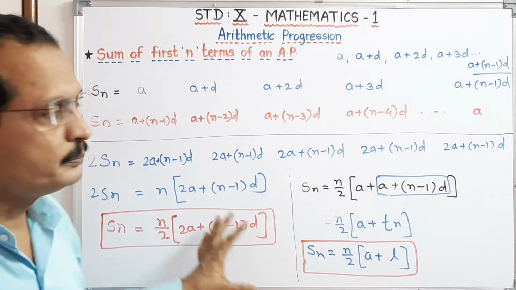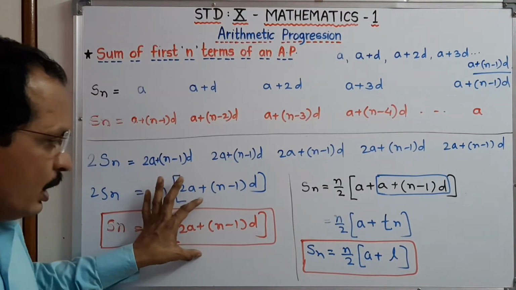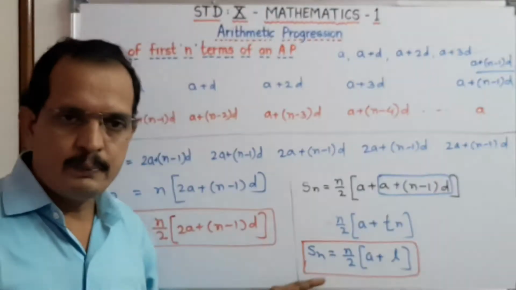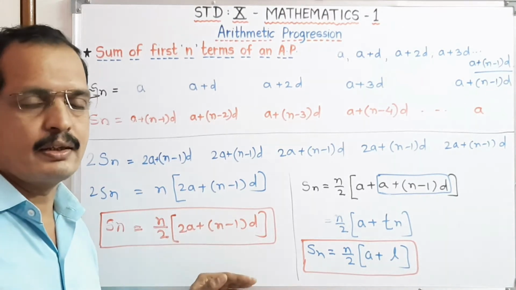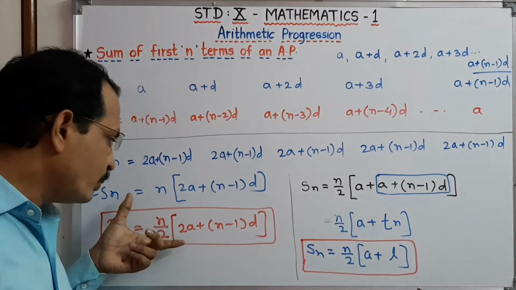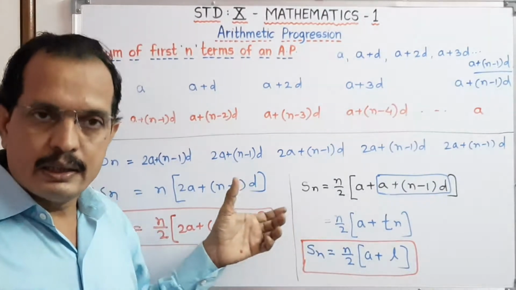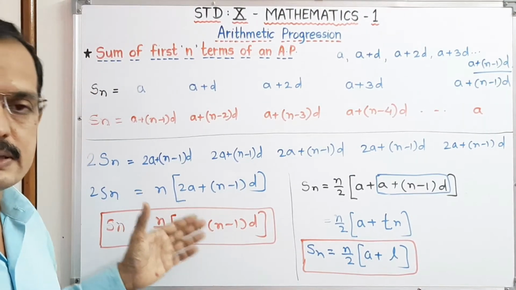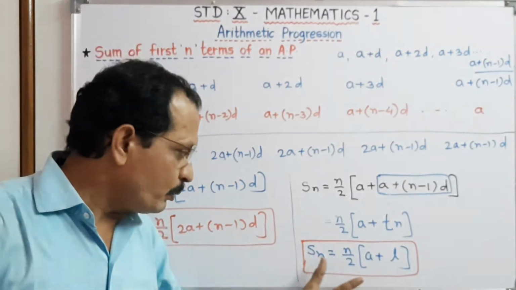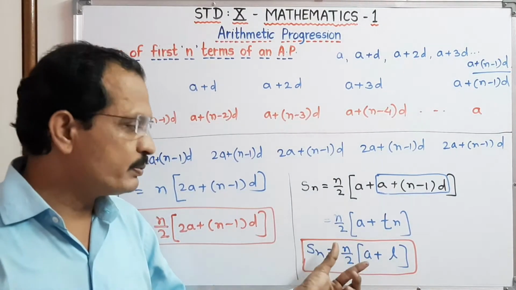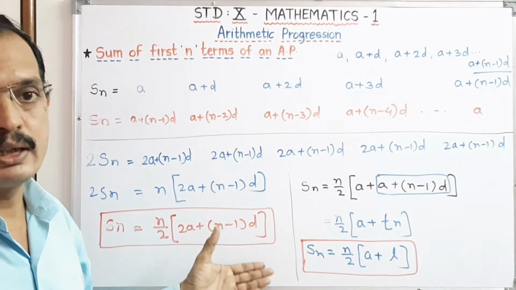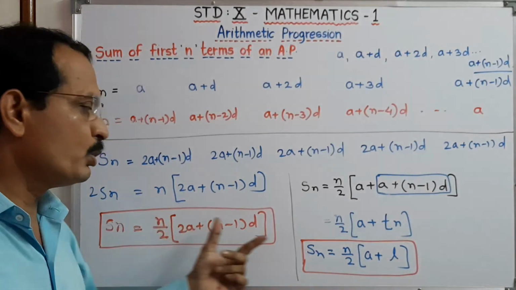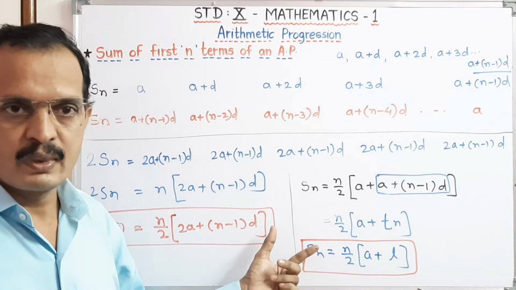Now dear student, till now we understood these two formulas. Some application based questions are there, and at that time we have to use this. Which formula we have to use depends upon which information is given in the sum, and by observing that we can decide which formula we have to apply.